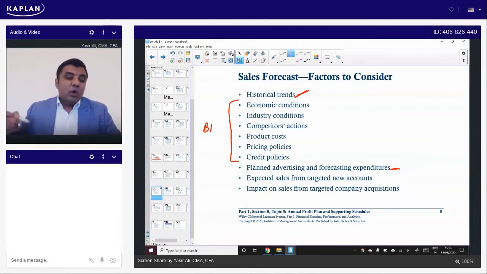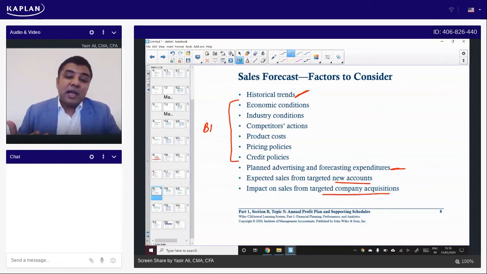Also, another input would be how much you want to spend on marketing this year, right? So that's another very important input. There's a strong relationship between marketing spend and the sales you achieve. Then there are expected sales and the impact on sales from targeted company acquisitions.